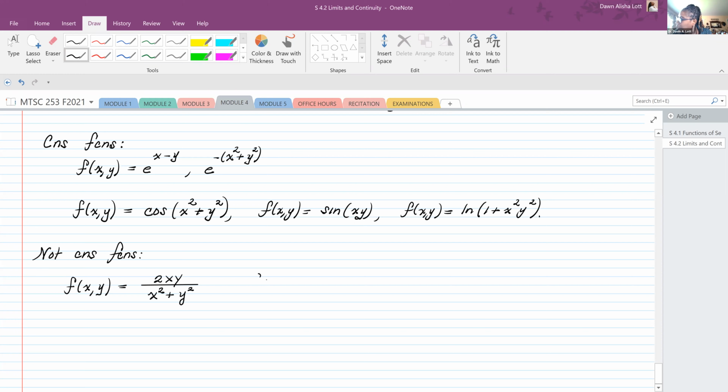F of x, y equal to the natural log of x squared minus y squared. So things like that.